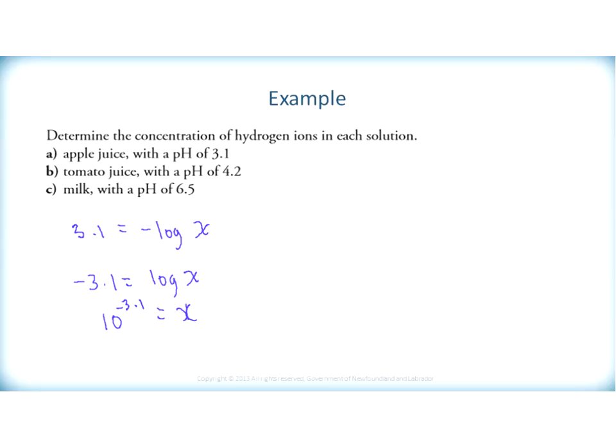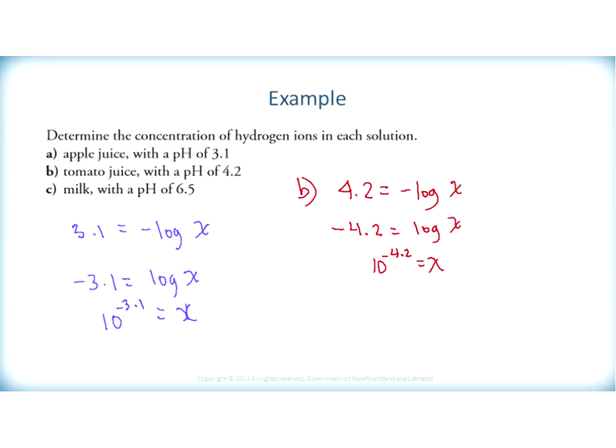For B, we would have 4.2 would equal negative log x. So negative 4.2 would equal log x. 10 to the negative 4.2 would equal x. And that would be the hydrogen ion concentration for tomato juice.